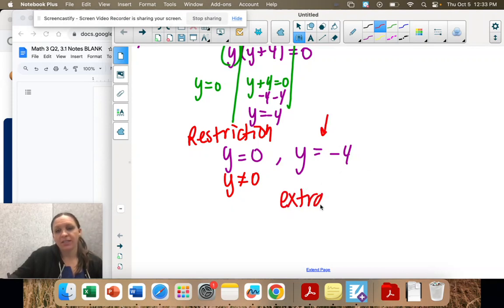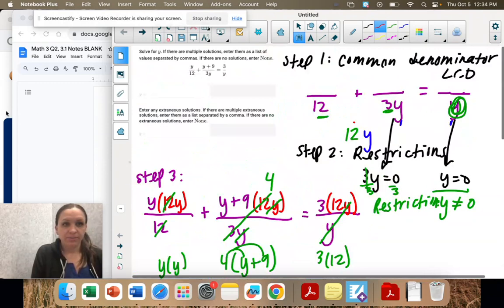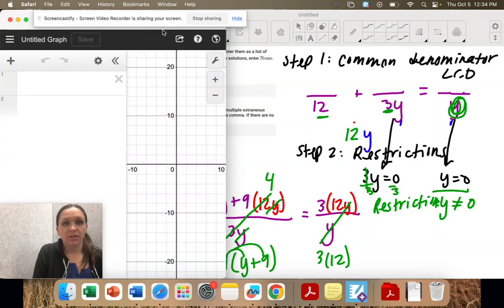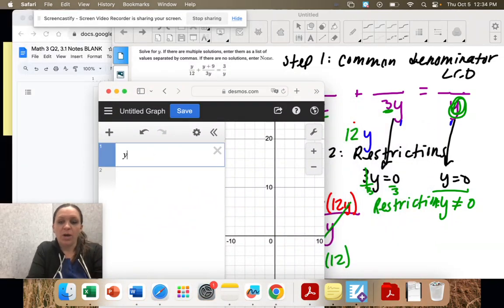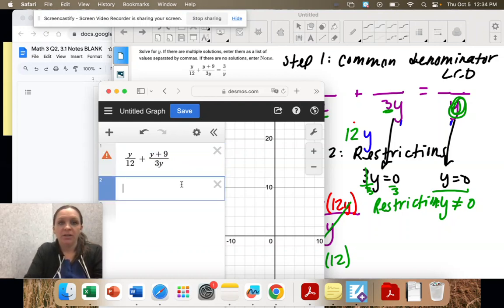But our last step, we need to see if it's extraneous or not. So let's go back to our original. I'm going to go to the graphing calculator and type it in. So right now I have y over 12 plus y plus 9 divided by 3y, not 2y, 3y, and that equals 3 over y.